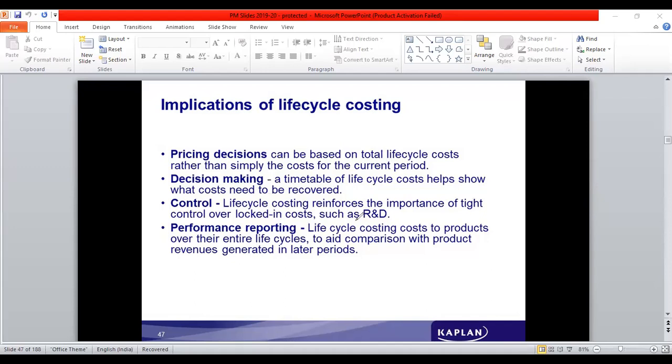Performance reporting: life cycle costing attributes costs to products over their entire life cycle to aid comparison with product revenues generated in later periods. So the entire life is considered in life cycle costing, with costs attributed to products over their entire life cycle.